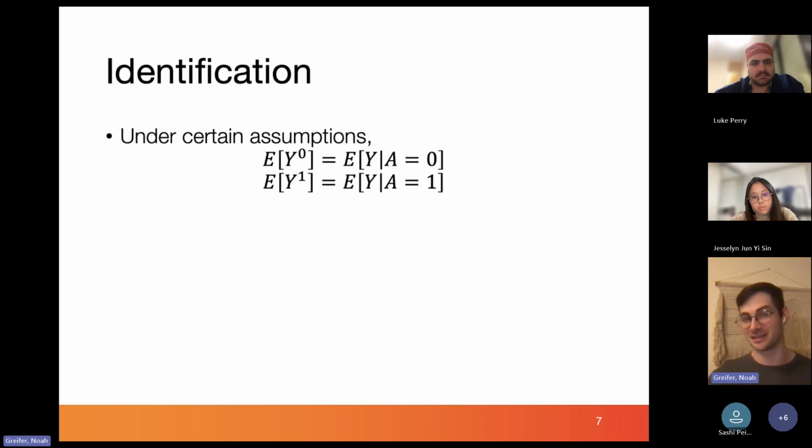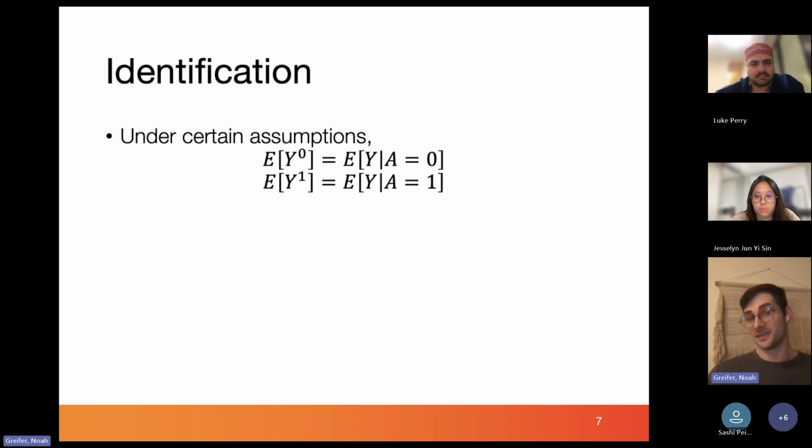They are not subject to the fundamental problem of causal inference, whereby they fundamentally cannot be measured. We can measure and observe them, and then we can use all of the techniques we talked about in our last seminar to estimate them and quantify our uncertainty about them.